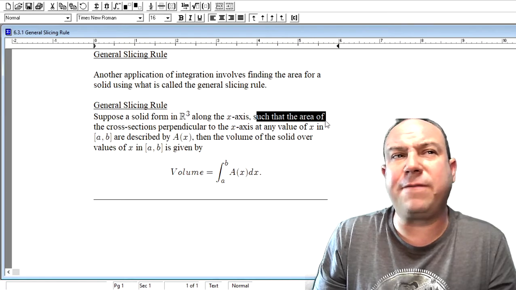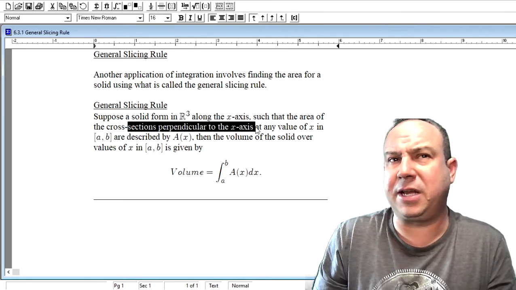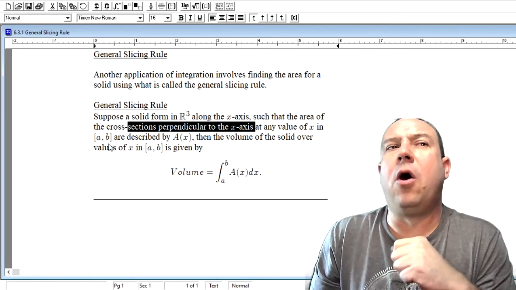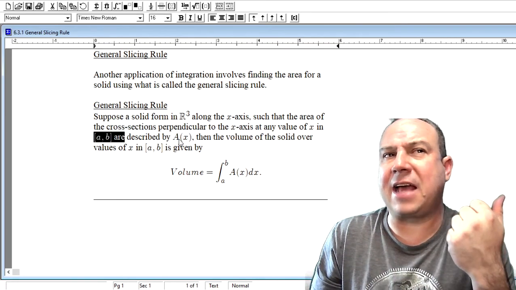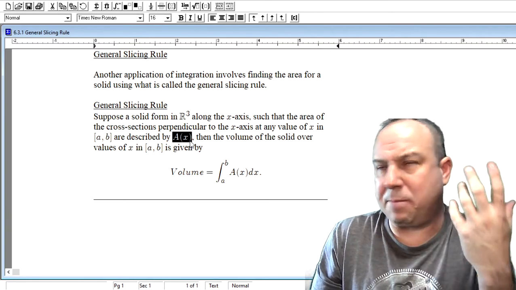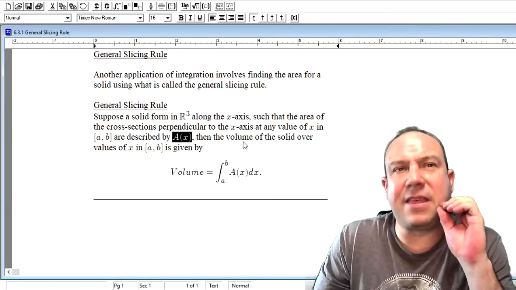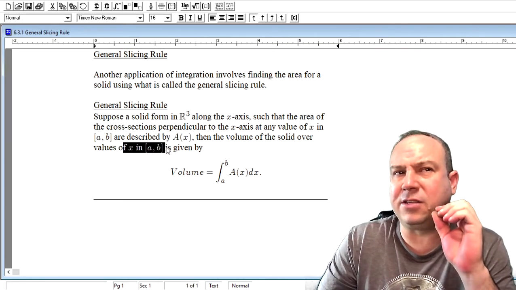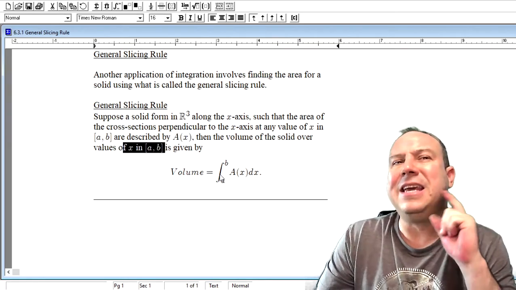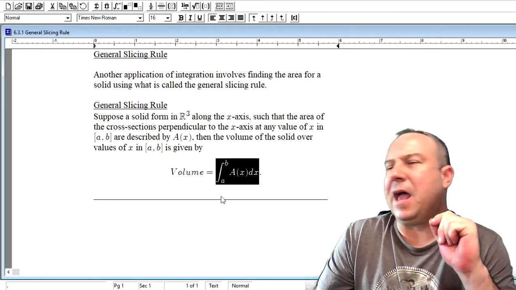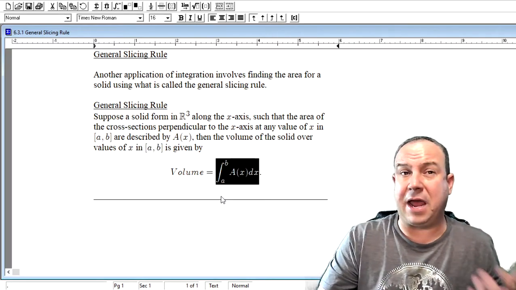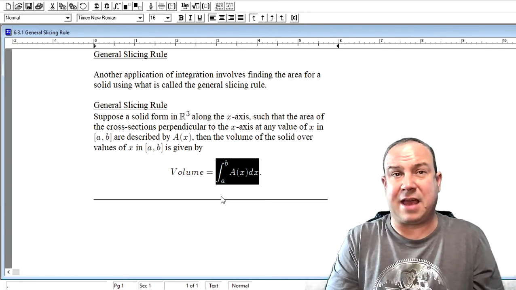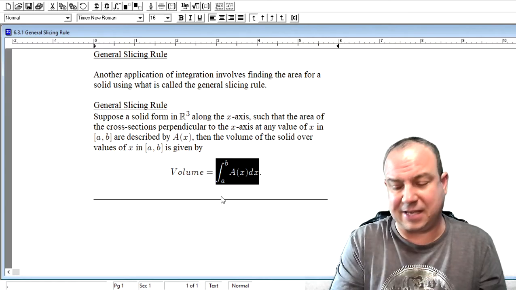If we know how to find the area of the cross-sections perpendicular to that axis, then the volume for that solid that forms over those values of x in the interval from a to b is simply an integral from a to b of our area description with respect to the variable x in this case.